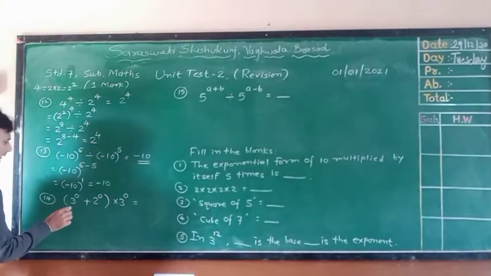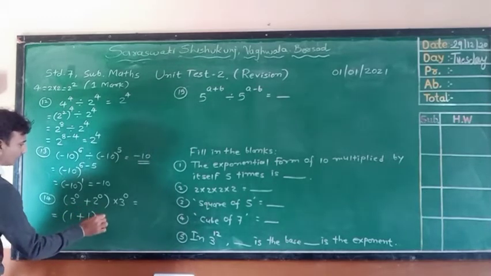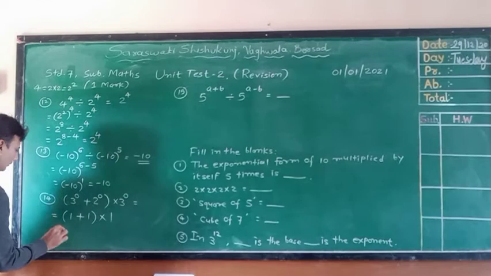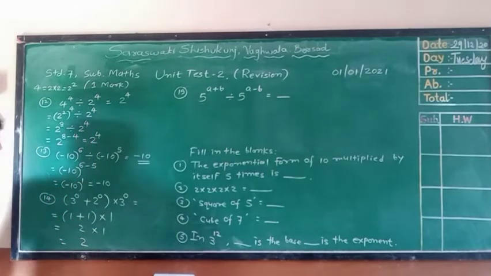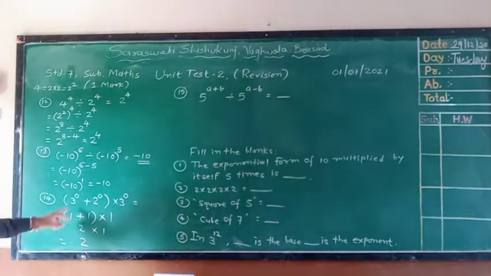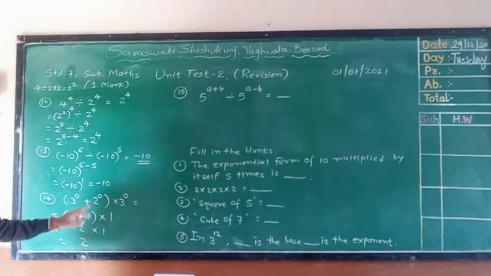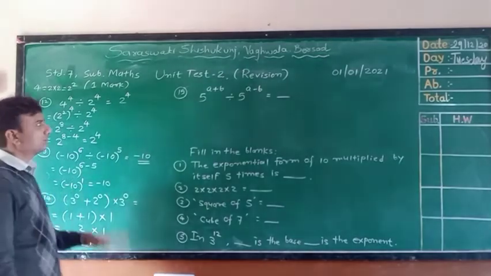See, in this, 3 raised to 0 means 1, plus 2 raised to 0 means 1, and 3 raised to 0 means 1. So 1 plus 1 is 2, multiplied by 1 gives 2, plus 1 is 2.